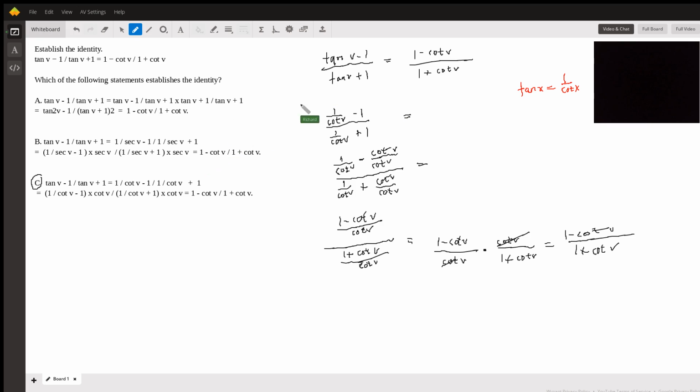Now that you see how this one works, you can check the other two and prove that they don't work, maybe. It's possible that they do. I just haven't checked them all. But that's the way to handle this, and we're just using a very simple identity to convert the tangent to cotangent.